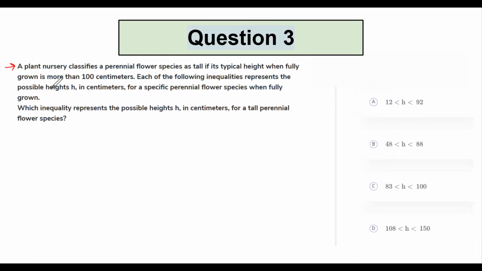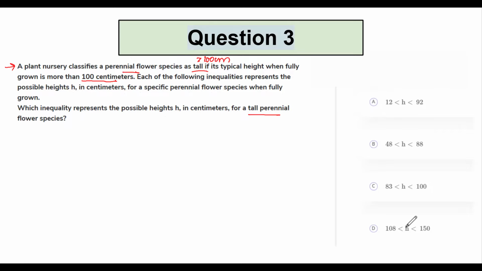So, they are tall if the typical height when fully grown is more than 100 centimeters. So tall if the height is more than 100 centimeters. Which inequality represents the possible height in centimeters for the tall perennial flower species?